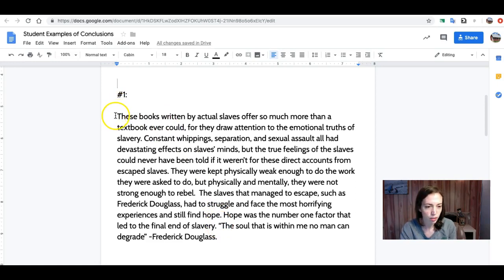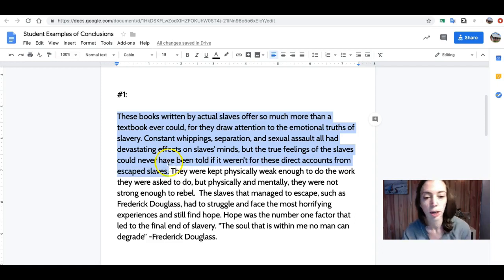Basically what he's doing here is he's got this part: these books written by actual slaves offer so much more than a textbook ever could, for they draw attention to the emotional truths of slavery. Constant whipping, separation, and sexual assault all had devastating effects on slaves' minds, but the true feelings of slaves could never have been told if it weren't for these direct accounts from escaped slaves.